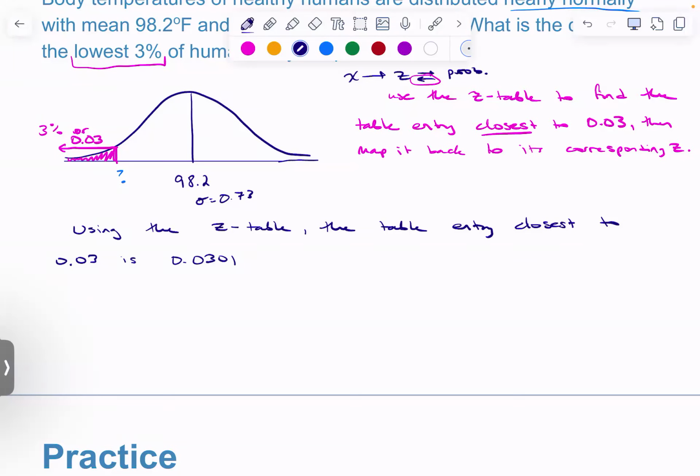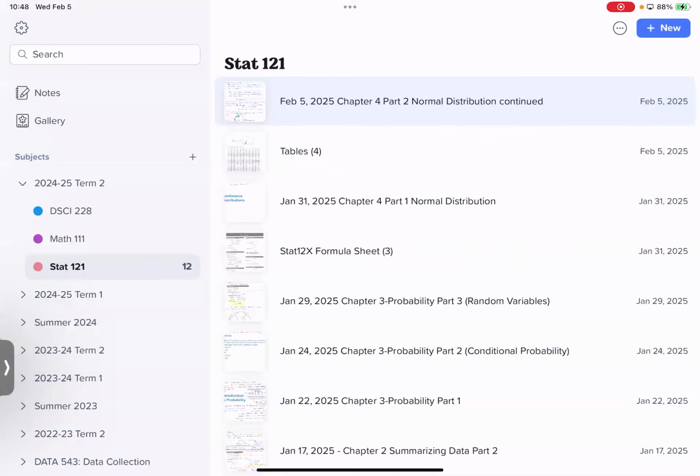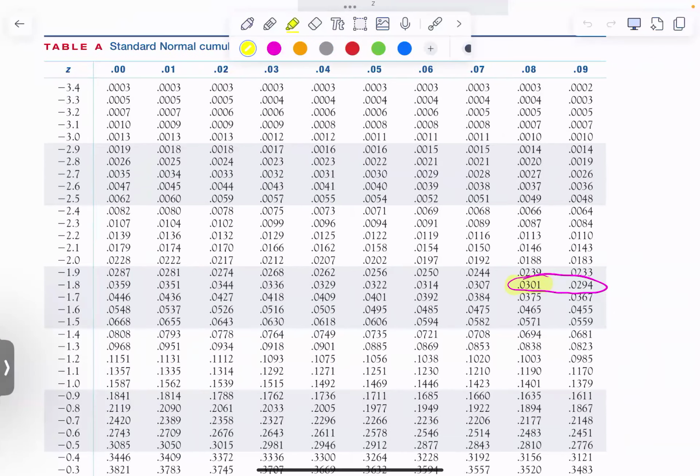Now my next step is, okay, that maps back to a Z of what? And usually I say which corresponds to Z equal to, I know it's negative, but beyond that, I need the table. Negative 1.88.